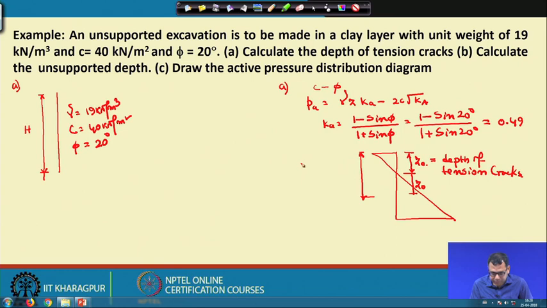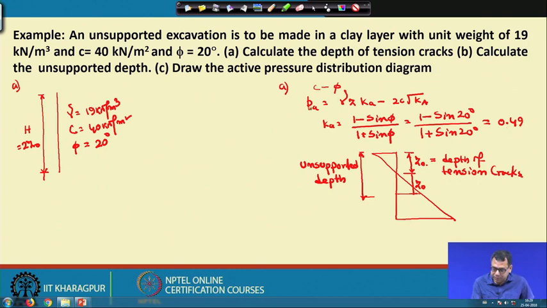So my h value will be 2 Z0. Because this is unsupported, as this positive and this negative pressure will cancel out, no support will be required up to this twice Z0 depth. So we have to calculate the first Z0, then twice Z0.